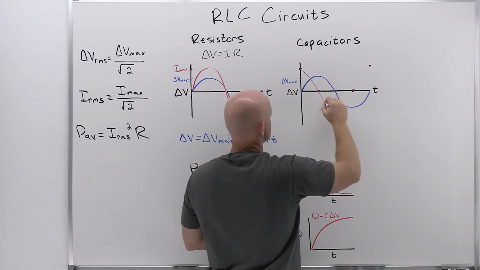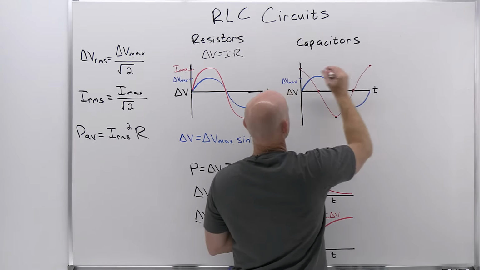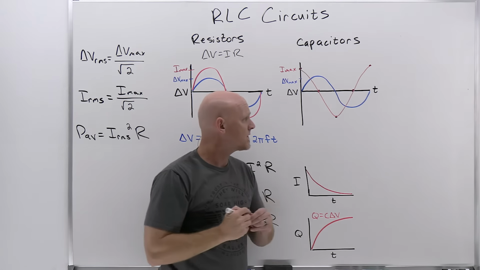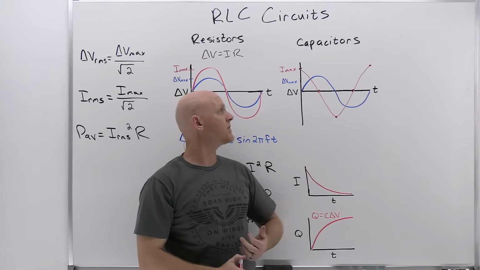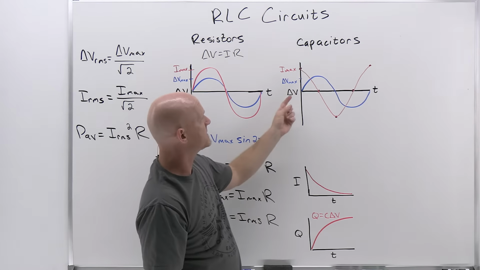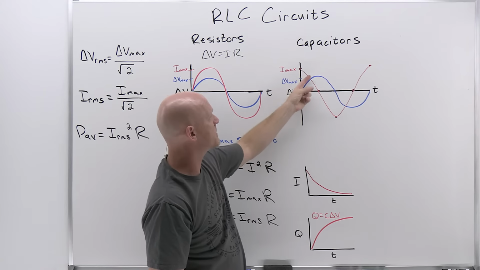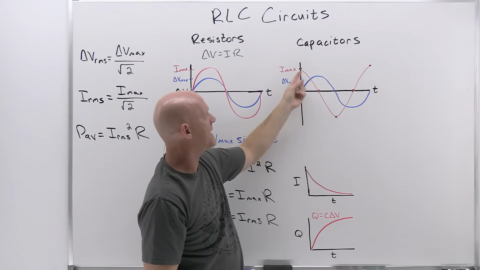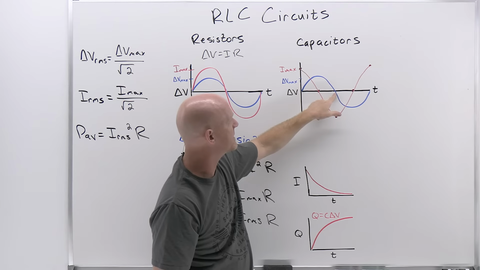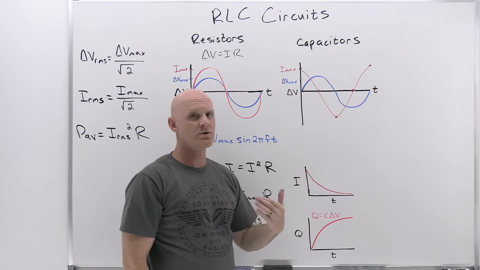And we can kind of see what this graph looks like now of our current with our max current right there at the beginning. And if we see here, your current and your voltage are not in phase at all. If you look at the voltage, it's like, okay, I'm starting at 0, I'm going to reach my maximum here. And it kind of looks back and it's like, oh, the current already reached its maximum. And then it drops down to 0 and it's like, oh, the current had already reached 0 a little while ago.